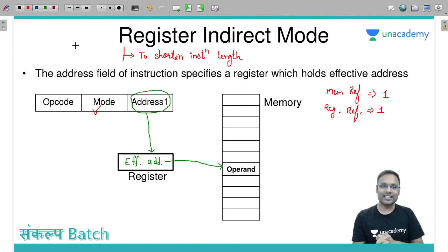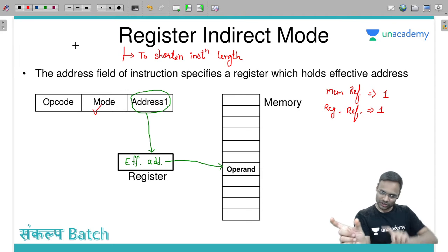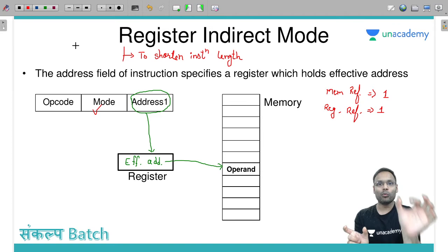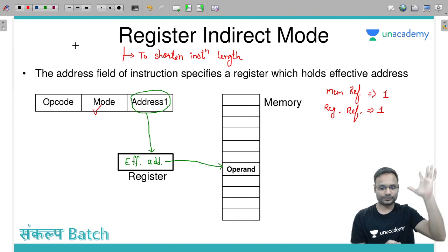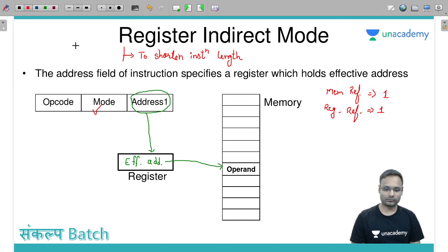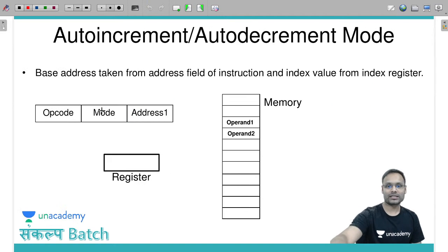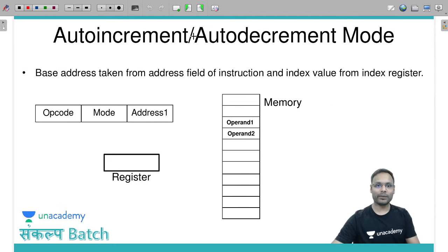Another instruction says I will have to use the register indirect mode. Another instruction says I'll have to use a pointer, which means use indirect mode. So based on your instruction, the addressing mode will be selected. Got it? So how all these addresses will be used to get the operand is given by these mode bits. Next is auto increment decrement mode.